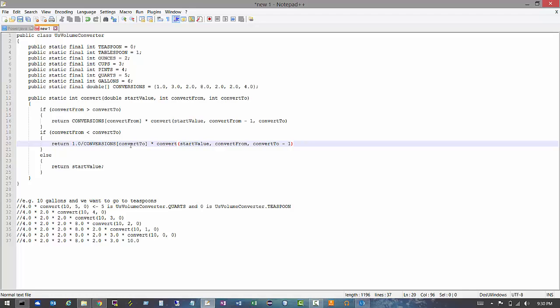We're walking what we're converting to down instead of walking the convert from down, because we're going the opposite direction, if that makes any sense. Again, multiplication is commutative, so whatever order the multiplications go in isn't the key. The key is making sure that we get the right answer.